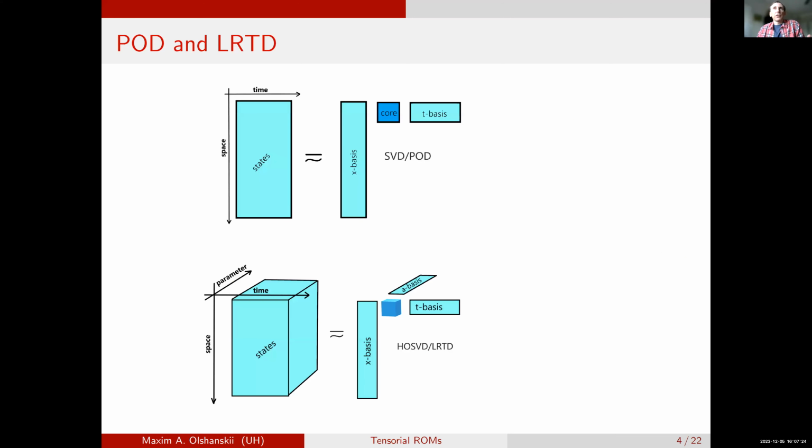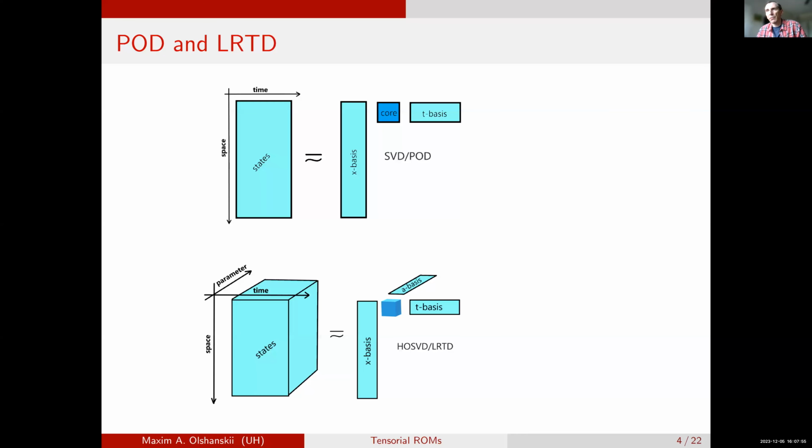This is a cartoon which illustrates the idea. Just keep this cartoon in mind for the rest of the talk. This is standard SVD or POD. Now we have a 3D tensor. We have just one parameter to illustrate this idea. And this is one of the low rank decompositions of the tensor.